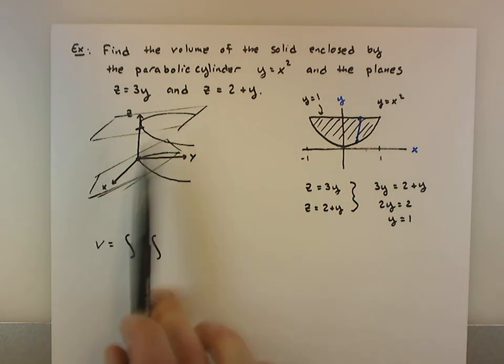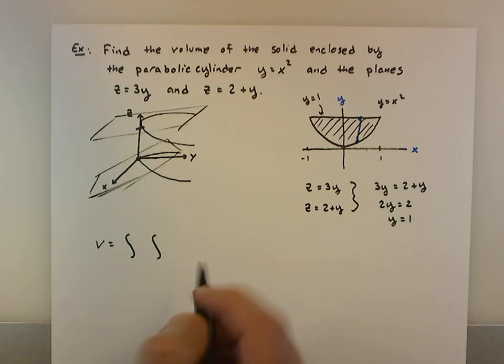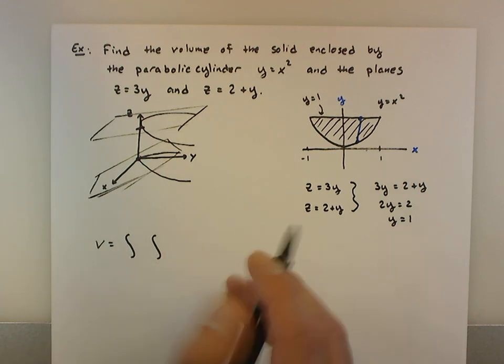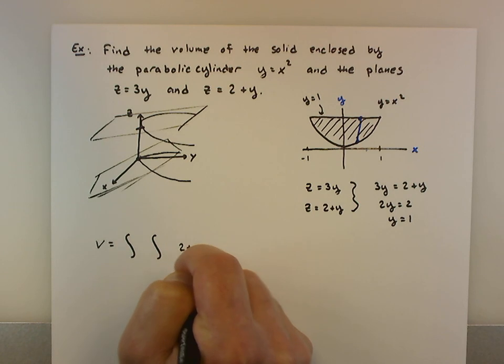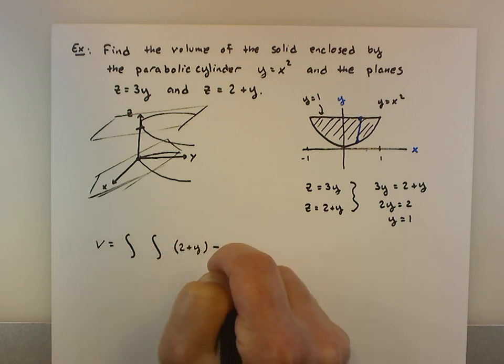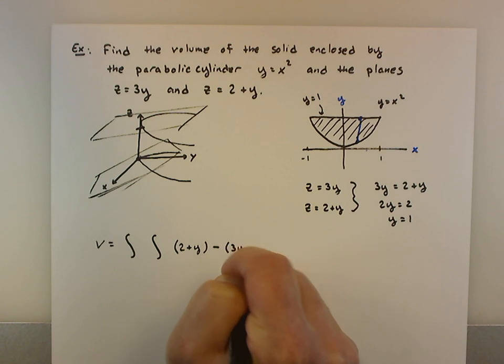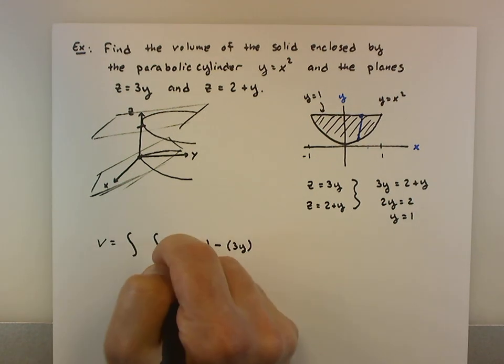So where these intersect along this region, the top plane is 2 plus y, minus the bottom plane, which is 3y. So just like areas in Calc 1, it's top minus bottom. Same thing with these, top minus bottom.